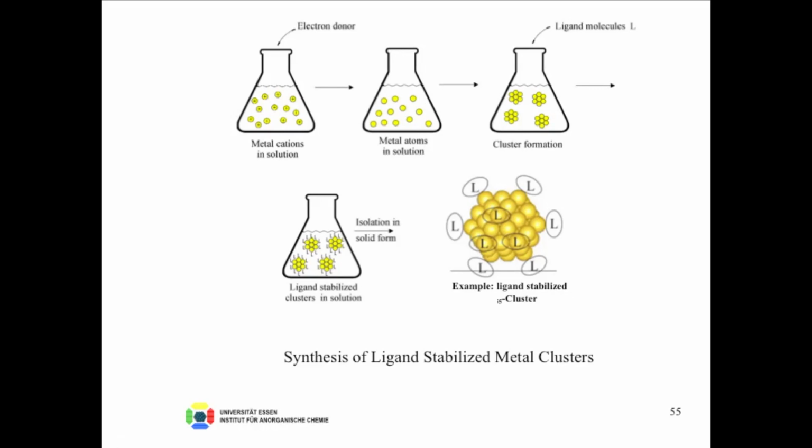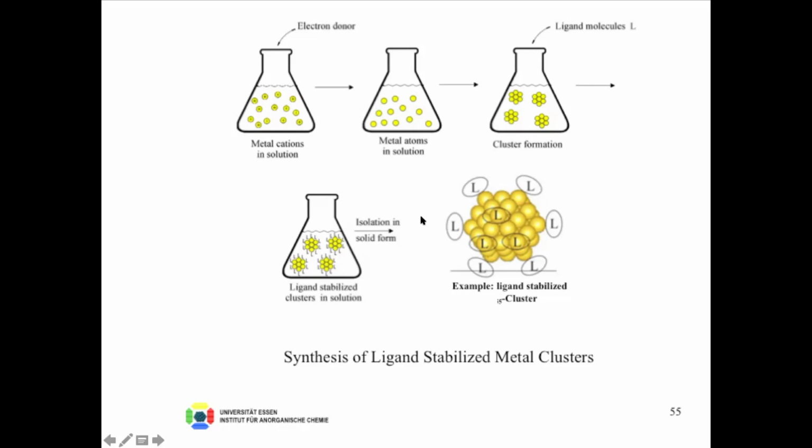These zero-valent metal atoms will try to stick together, so they form clusters. If you don't have another trick, then you will just get a very large precipitate. But if in your solution there are ligands present that can catch these clusters, then you can make very well organized nanoparticles. So if you use gold ions, sodium borohydride as a reducing agent, and if you have thiols present, then you can make thiol stabilized gold nanoparticles.